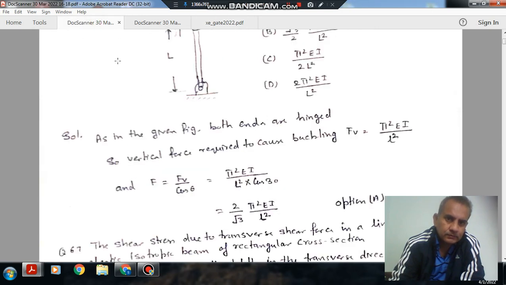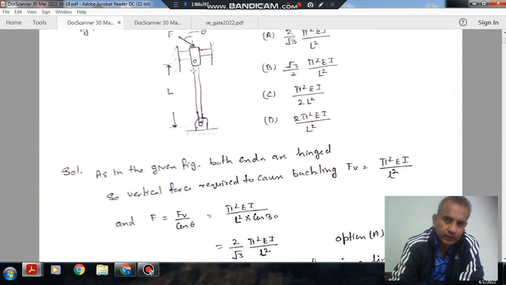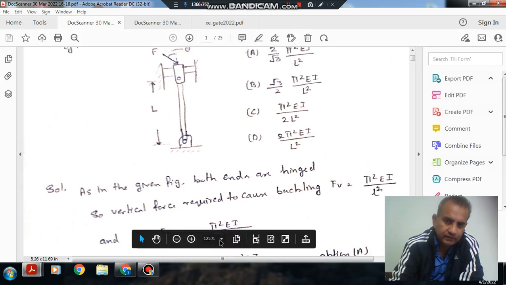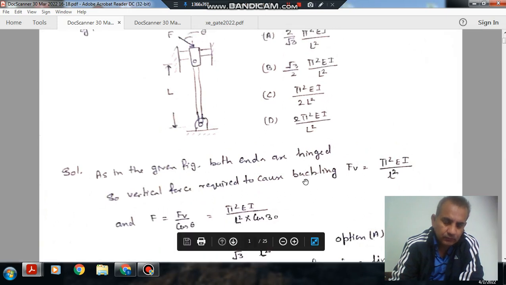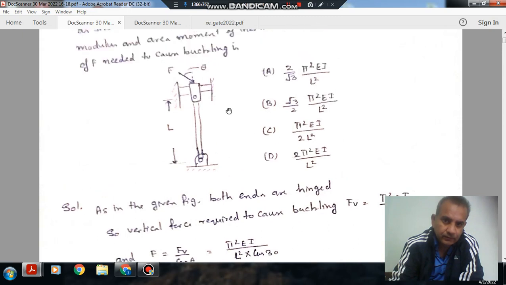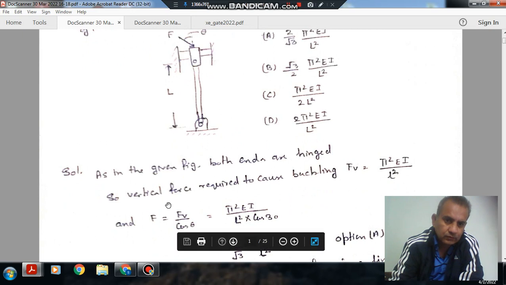Okay. So we know that here both ends are hinged ends, and for hinged ends, the vertical load to cause buckling is pi square EI by L square. But here F is at an angle theta. So the vertical component F cos theta is the buckling load FB.